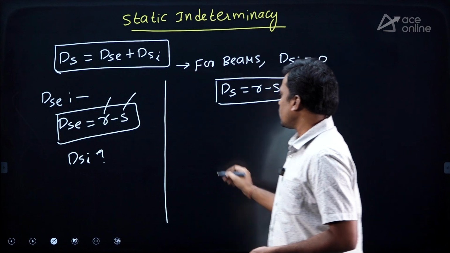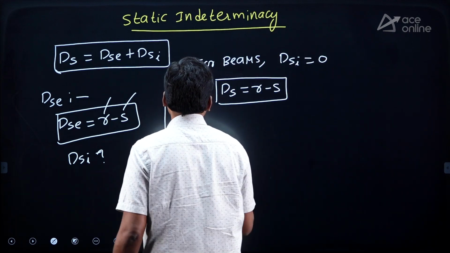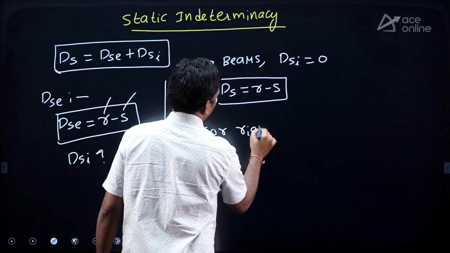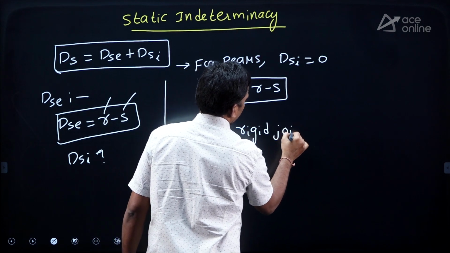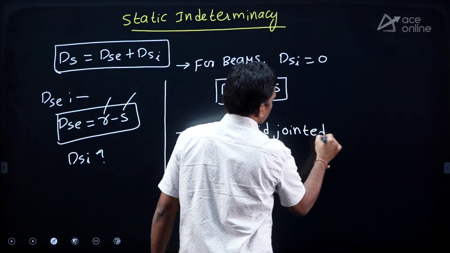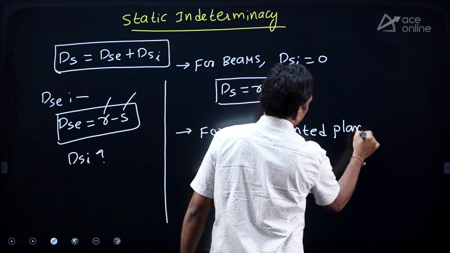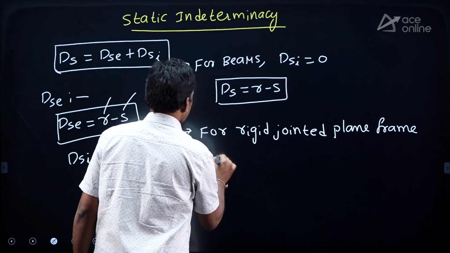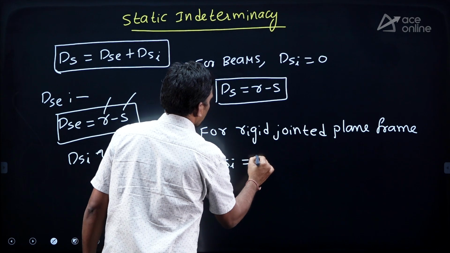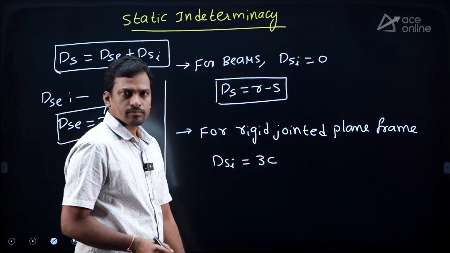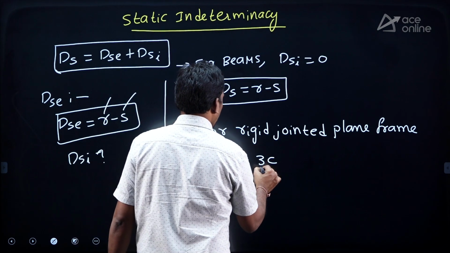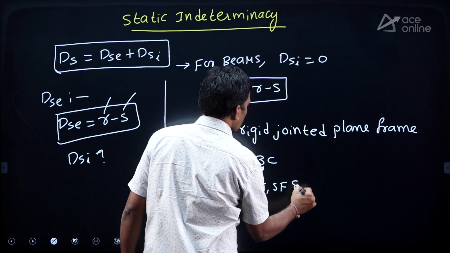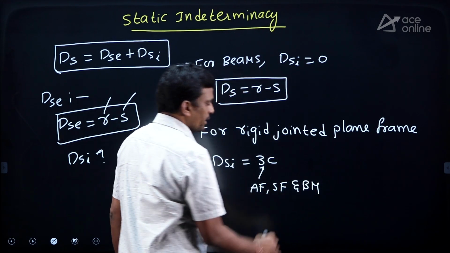Okay, next for rigid jointed plane frame, what is the Dsi formula? It is 3C, right? So what is this 3? Axial force, shear force and bending moment.